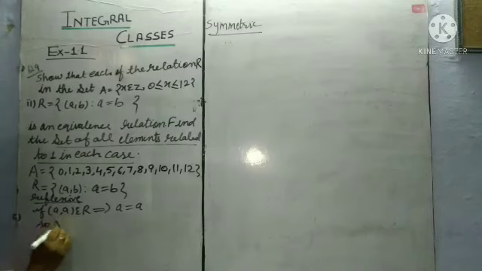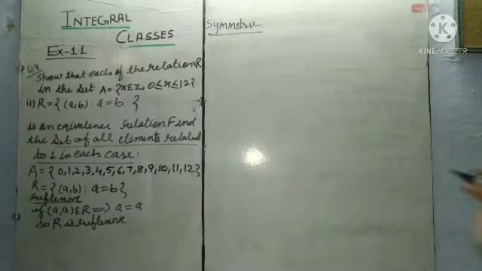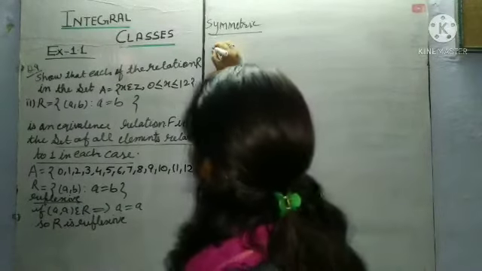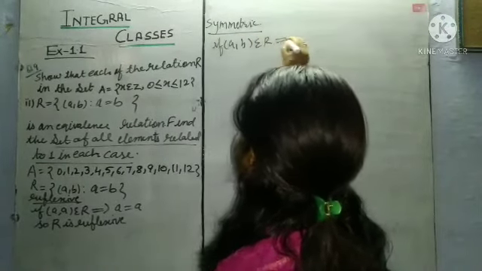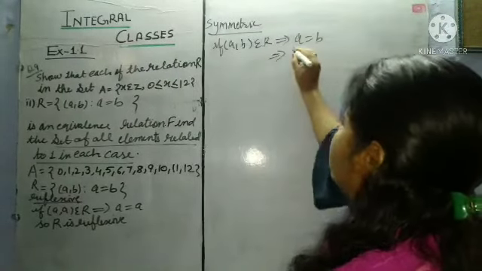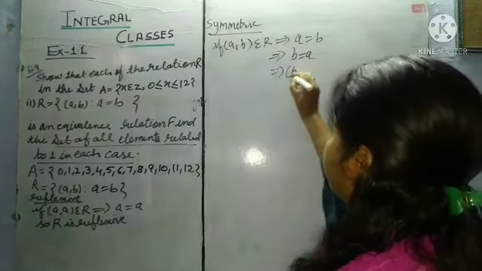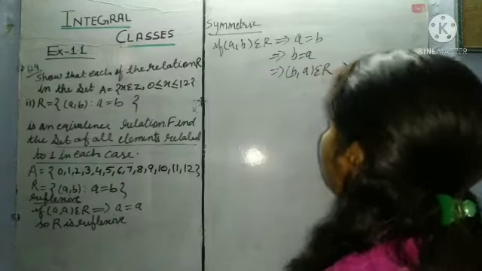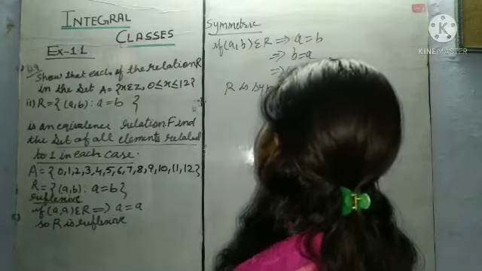So R is reflexive. Now for symmetric, the condition of symmetric, (A, B) belongs to R, then it implies that A equals B. So it implies here B equals A, we should write here. So now it implies that (B, A) belongs to R. It means R is symmetric here.